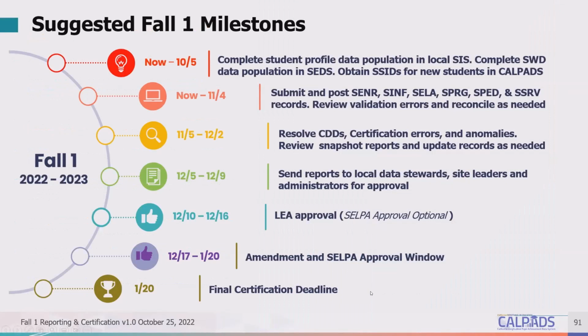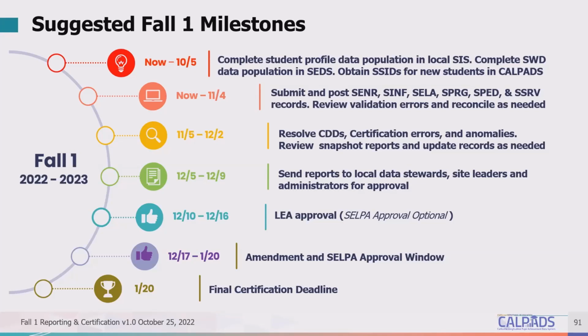So here's a suggested timeline, and this was made several, at least, I would say months ago. I think going into September, this slide was created with updated dates. As the CDDs keep being delayed, it may not be practical for every date, but I think right now it's pretty much safe to think that you all should be submitting data to CalPADS.